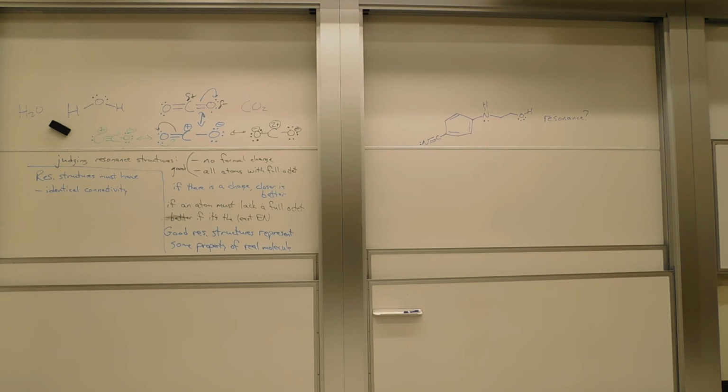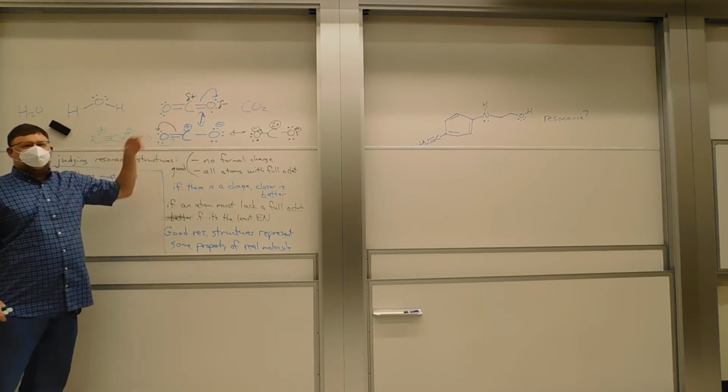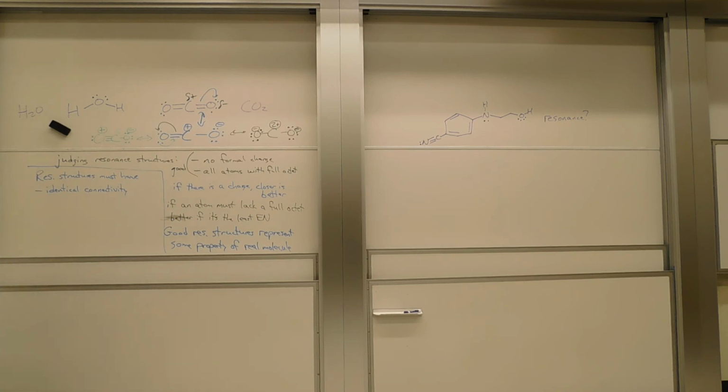They all exist simultaneously. The better a resonance structure is, when I say better, the more stable, so for carbon dioxide, this purple one I drew first is the better one. All the atoms are neutral, they all have the full octet. So the molecule looks more like that one than the others.